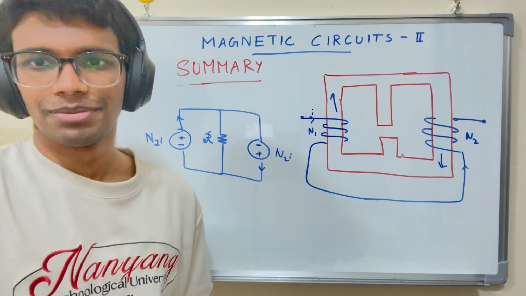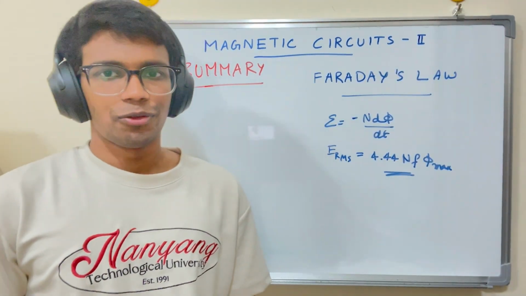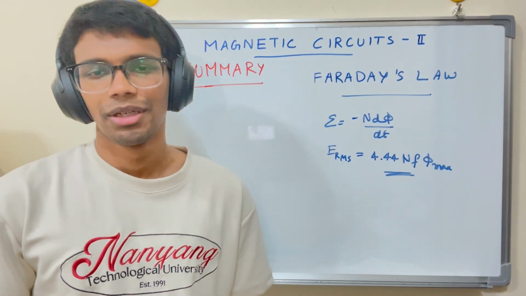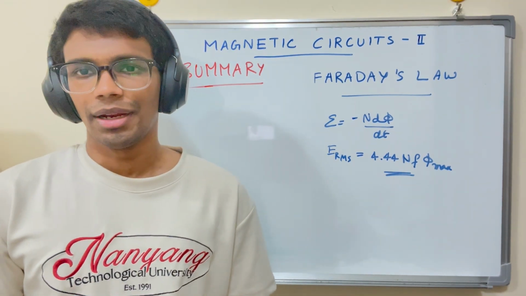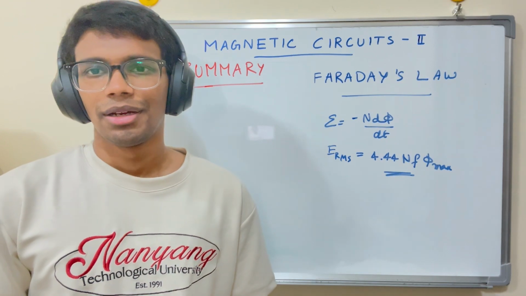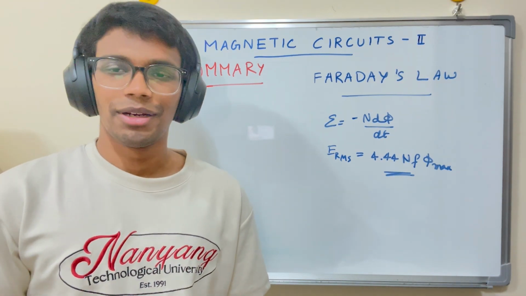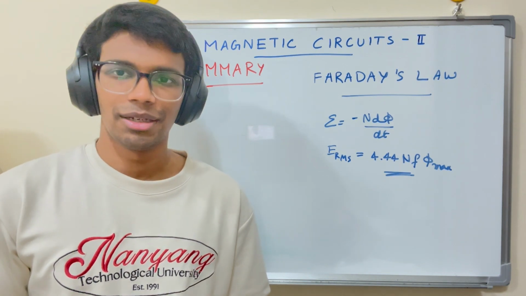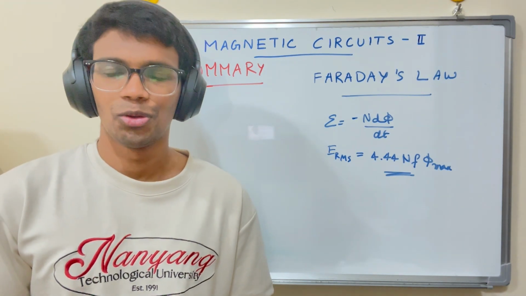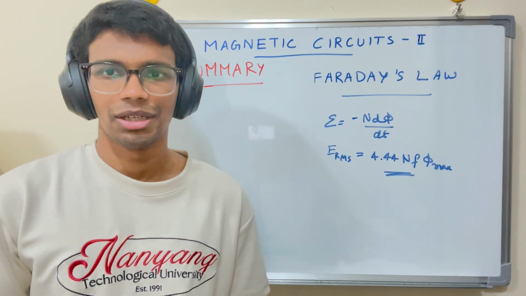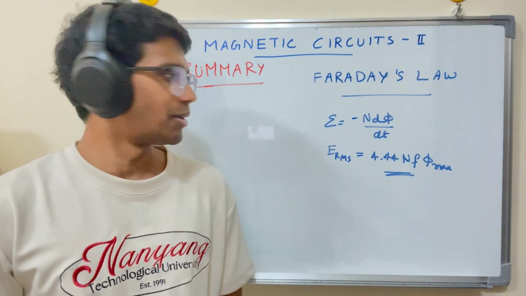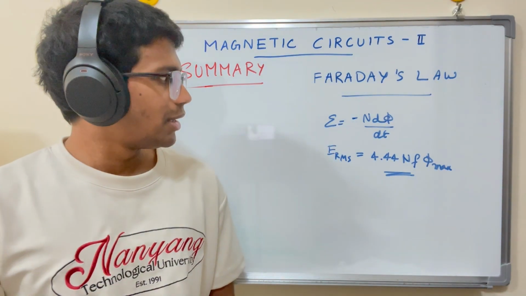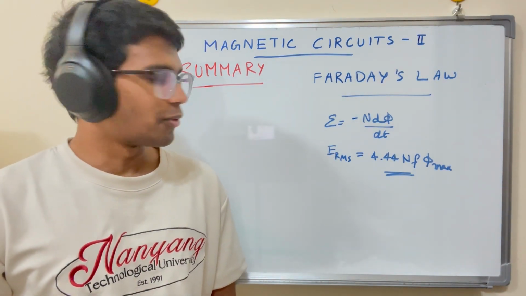Moving on to Faraday's law or Lenz's law. This is widely used in transformers. It states that when the magnetic field associated with a particular conductor changes, a current is induced in the conductor to oppose this change of flux, and that is given by the equation EMF is equal to the negative derivative of N phi.